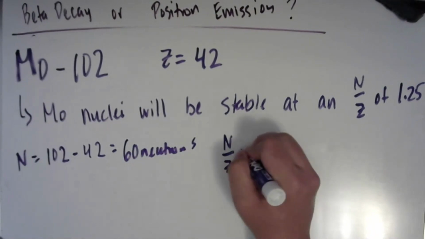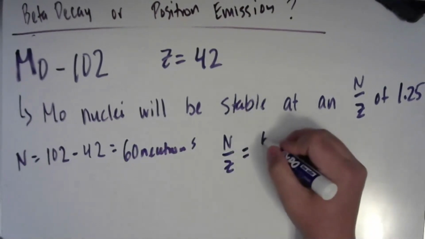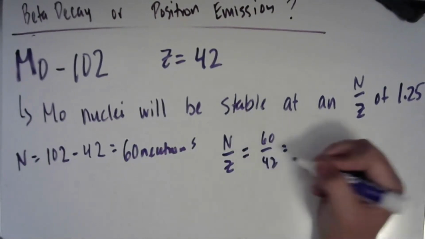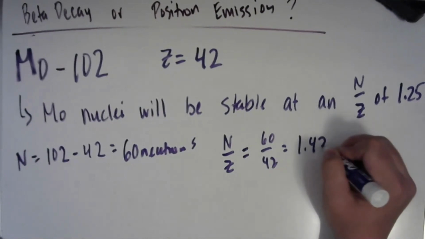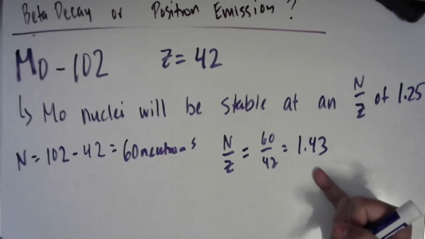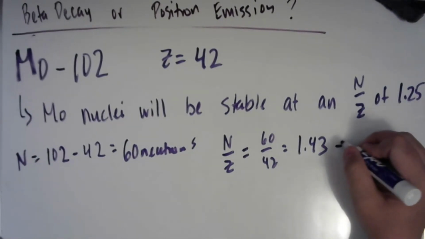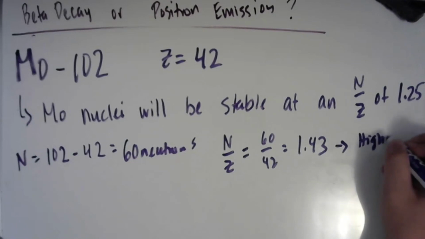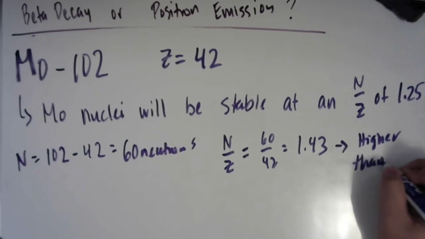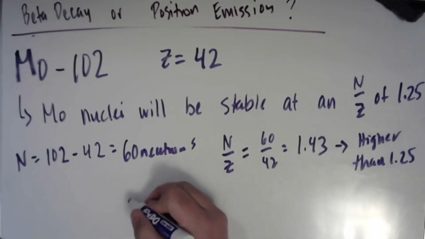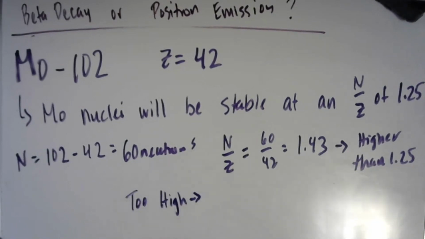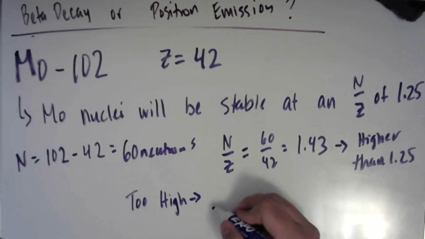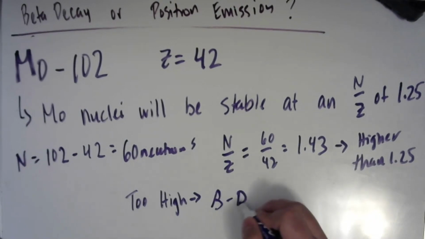Our N over Z is going to be 60 over 42, which gives a value of around 1.43. 1.43 is higher than 1.25, which makes it too high. If that value is too high, then molybdenum-102 is going to undergo beta decay to stabilize.